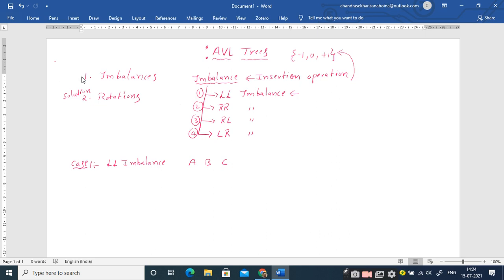So A, B, C, you are very much clear that B comes after A and C comes after B. So this you can find out in the alphabetical order also, but here, since it is a programming concept, you have to consider the ASCII values of A, B and C. We know very well that the ASCII values of B and C are greater than A, and the ASCII value of C is greater than B.